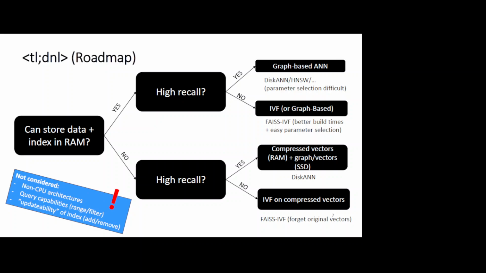If yes, you should consider the graph-based methods. There are some methods you can choose. If you don't want a high recall, you can consider other methods like IVF, inverted files, or you can choose Faiss, IVF, or others.